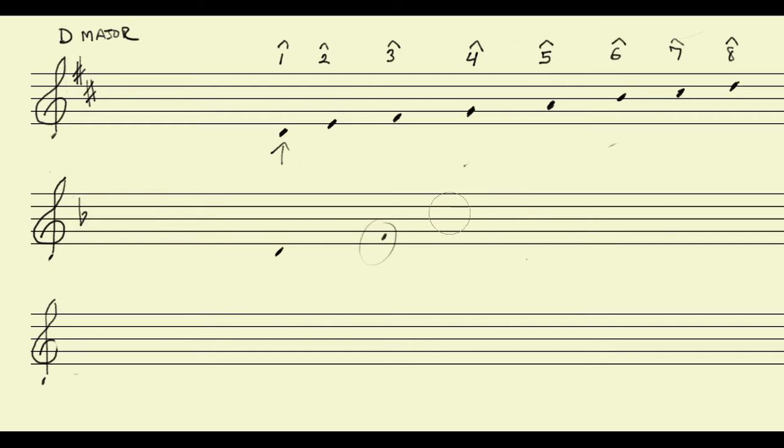So I can simply now make a D minor scale, by using that key signature of F major and starting on D. Okay, it's just sort of another way of saying what I just said.